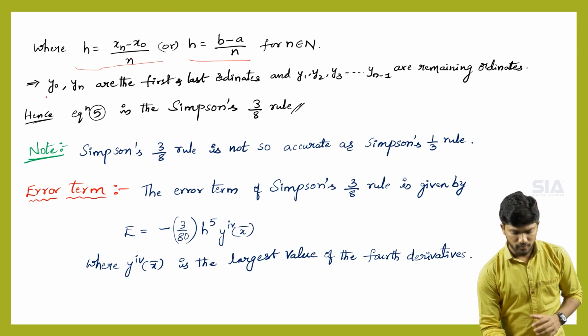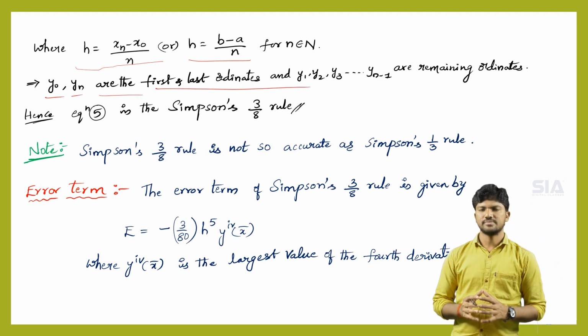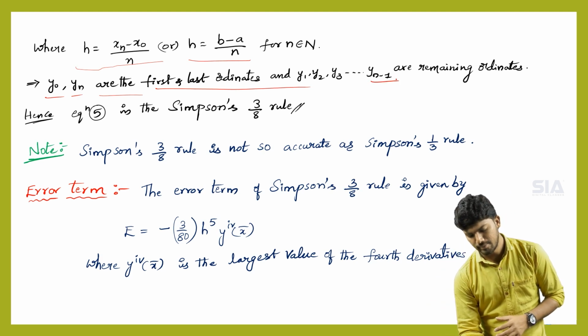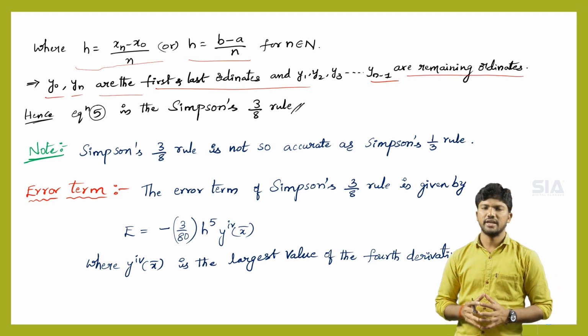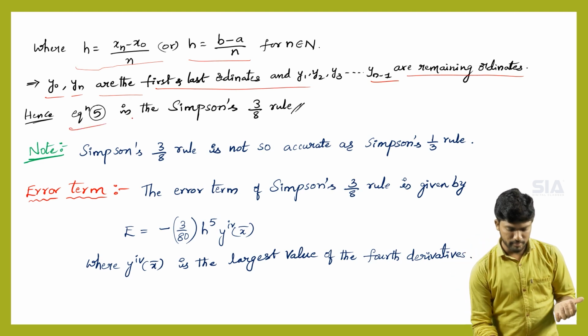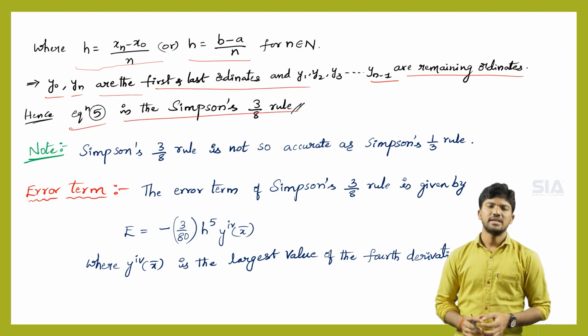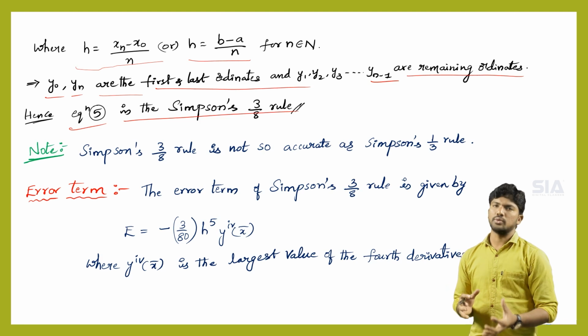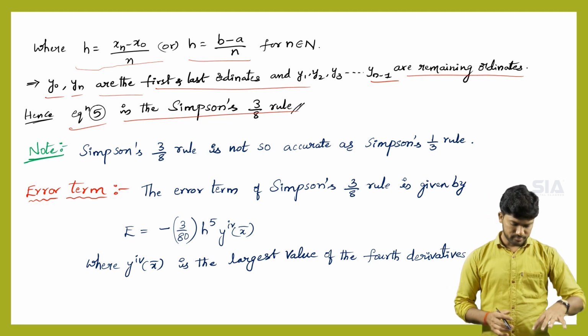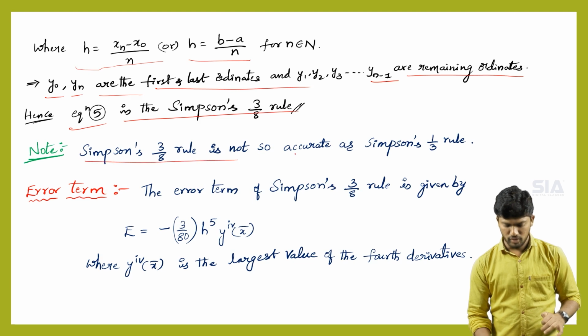So here y0 and yn are the first and last ordinates, and y1, y2 up to y suffix n minus 1 are the remaining ordinates of small y. So hence equation number 5 is called Simpson's 3 by 8 rule. Okay, you can see here one note point.